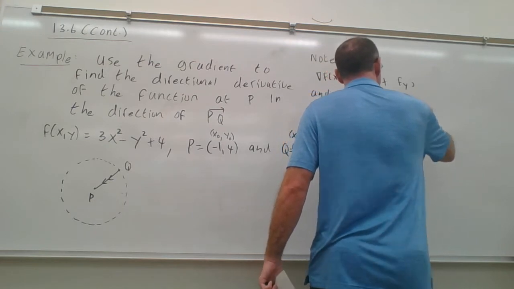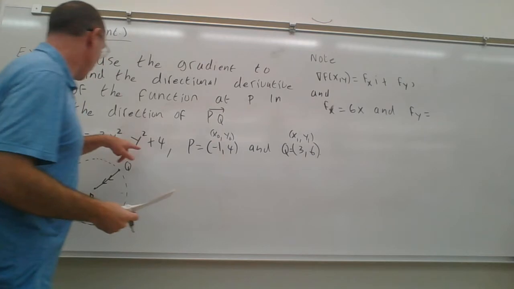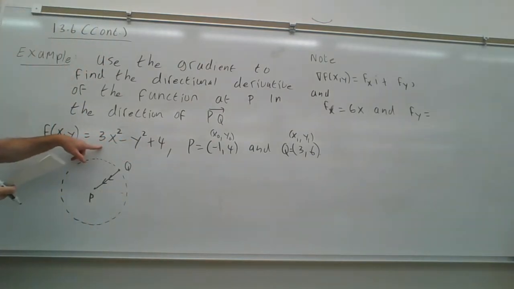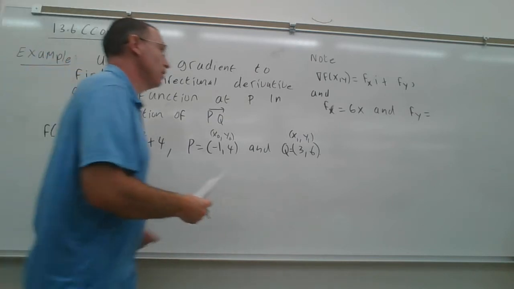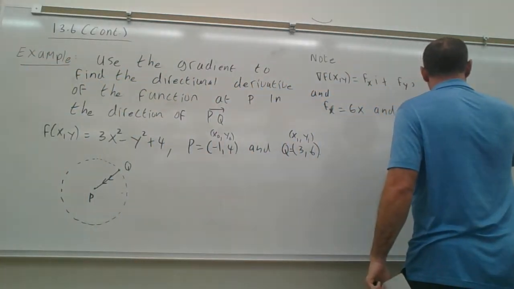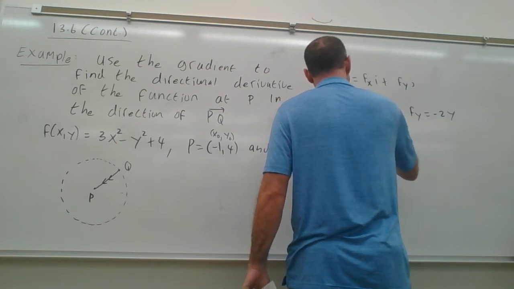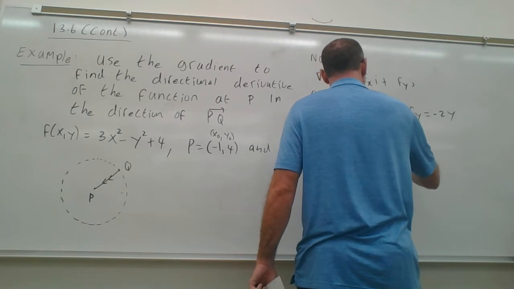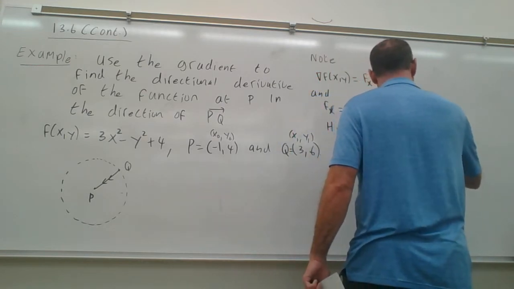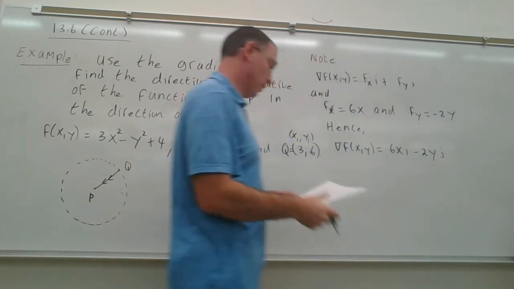And the partial derivative with respect to y, treating the x as a constant, it's going to be -2y. So hence, our gradient in our case will be 6x i minus 2y j.